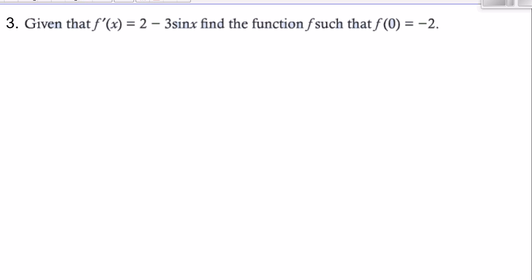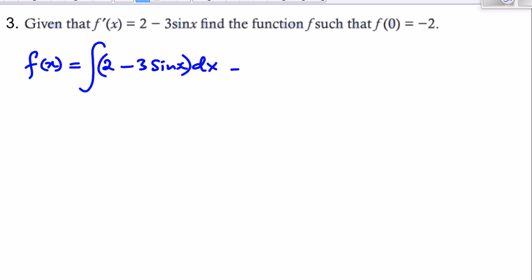Number 3, we are given that the gradient function is given by that, find the function f such that f of 0 is equal to -2. So the first thing that we need to do here is to integrate. So we'll say f of x is equal to the integral of 2 minus 3 sine x dx, which will be 2x.